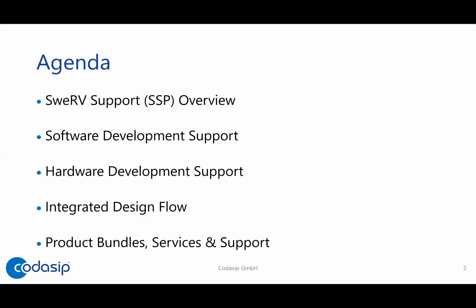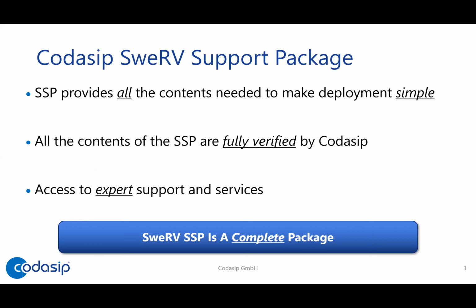So I guess the takeaway is, if you remember nothing, please pay attention to the next slide, because it's really the key takeaways that I want you to understand around the Codasip SweRV Support Package. The SweRV Support Package provides everything you need to design with the EH1, EH2, and EL2 cores from Western Digital. It includes all the tools, scripts, and examples you'll need to hit the ground running.